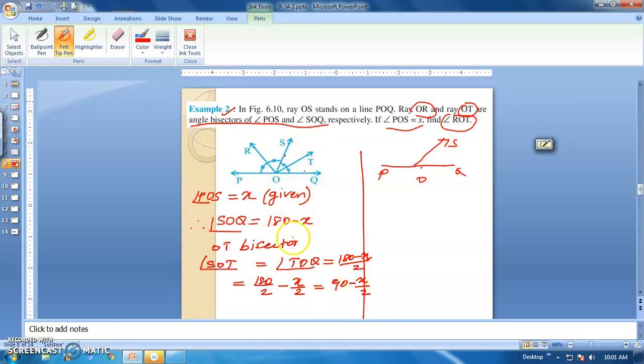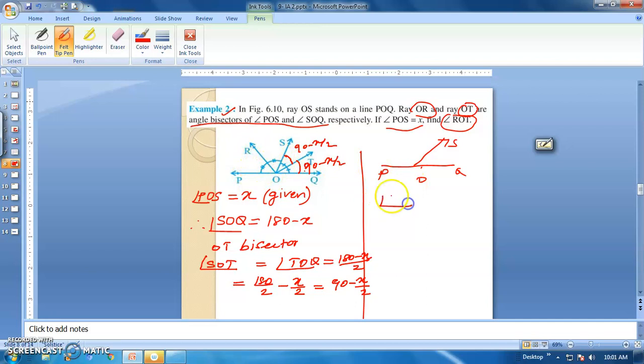So this angle is 90 minus X by 2, and this angle is also 90 minus X by 2. And what about this one? This one is POS, fully X, and OR is the angle bisector.